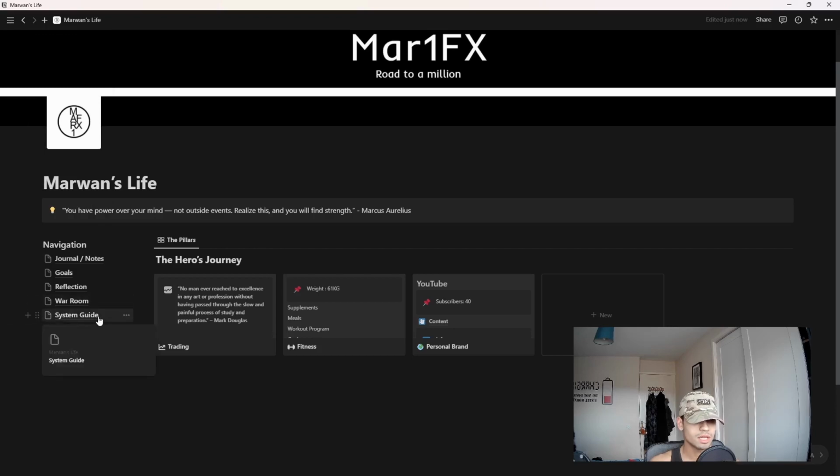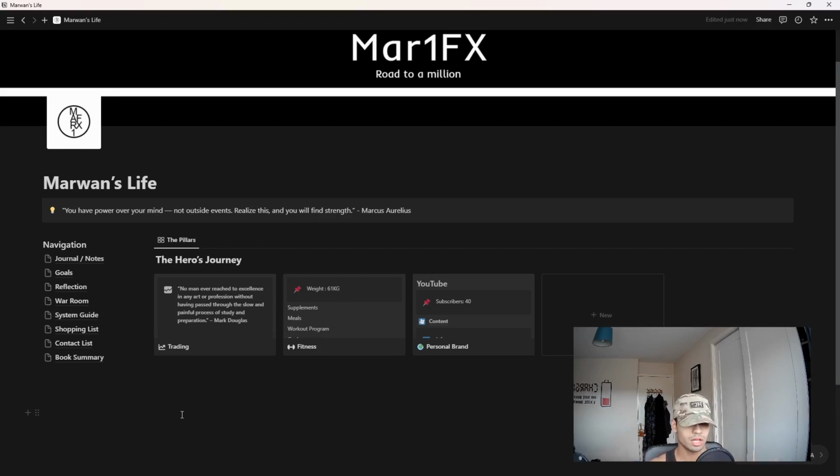We got system guide. So if I'm ever lost and like, how do I do this? That is my system guide. It will just remind me of processes and systems I've built in my life, to get me back on my feet if I ever stumble. So if I'm dropping out of my routine, I'll click on this and well, it's empty at the minute, but soon it will be filled up with systems that I can click.